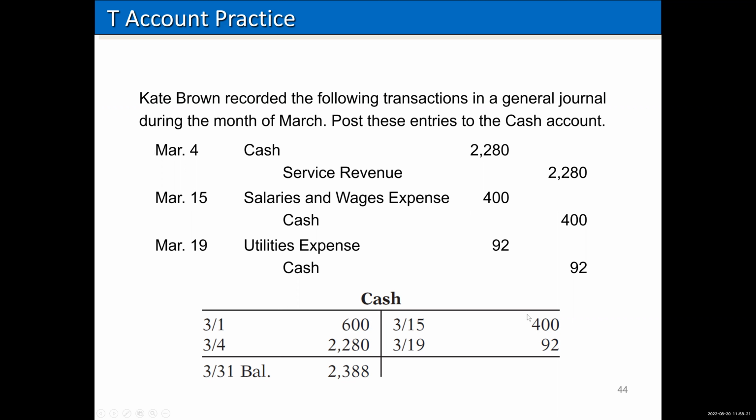So when we net them together, we have a debit balance. The debits win, right? But how did I get that 2,388? 600 plus 2,280 minus 400 minus 92, which gives us a net debit balance of 2,388. And that is our cash balance.